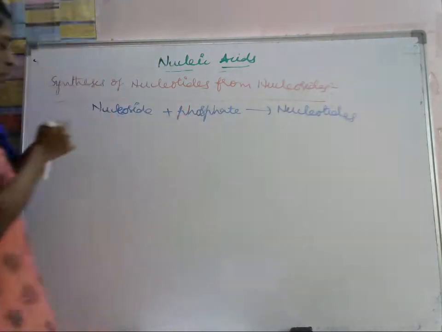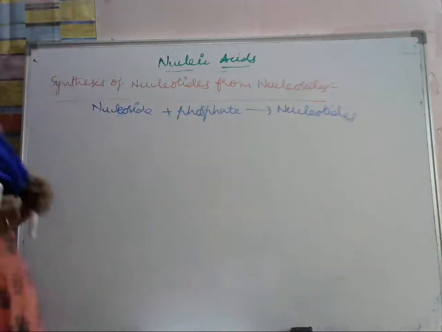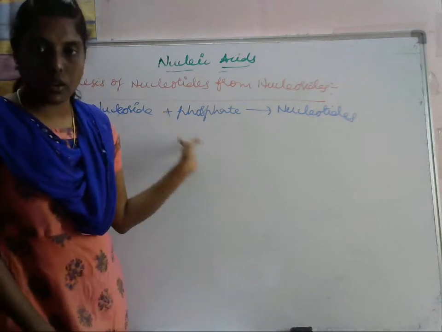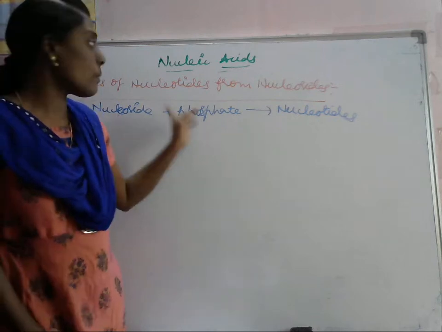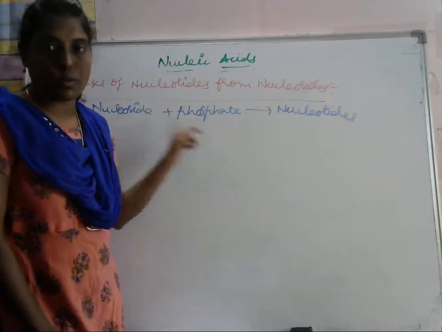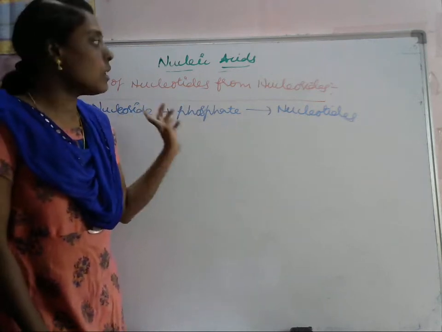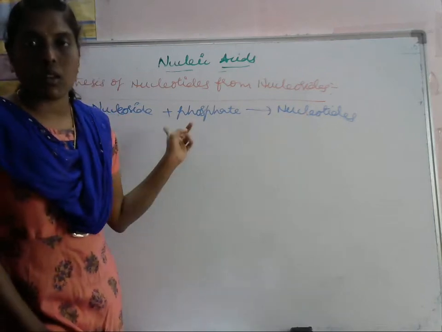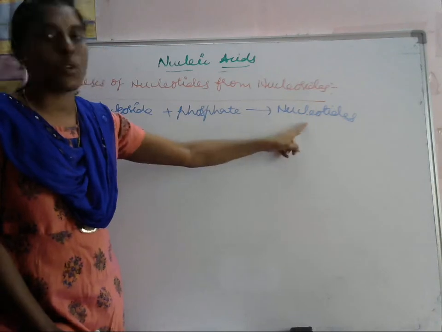Without the phosphate group it is called a nucleoside. If you add the phosphate group to this nucleoside, then it forms the nucleotide. Simple. Without phosphate it is called nucleoside, with phosphate it is called nucleotide.